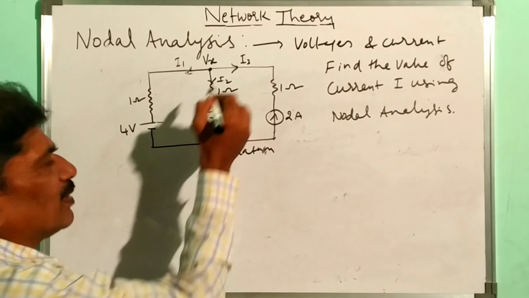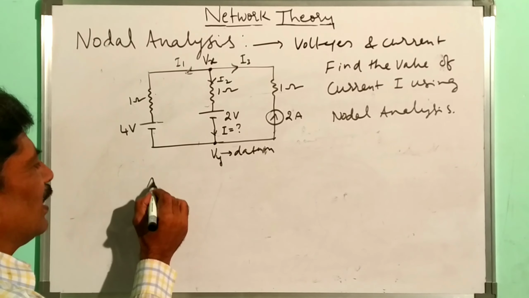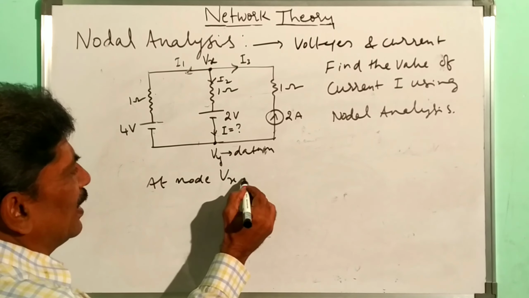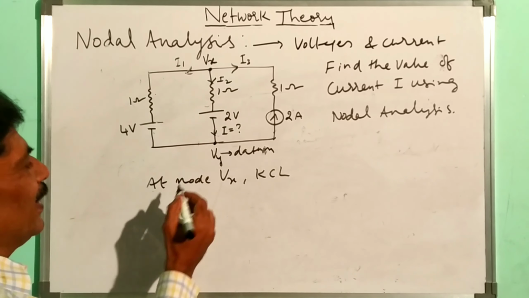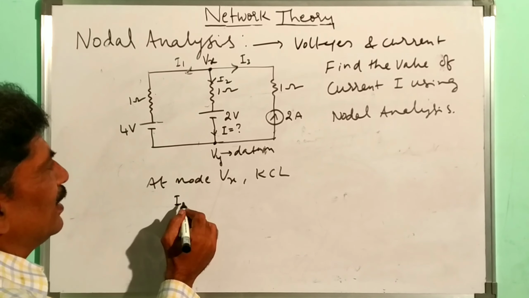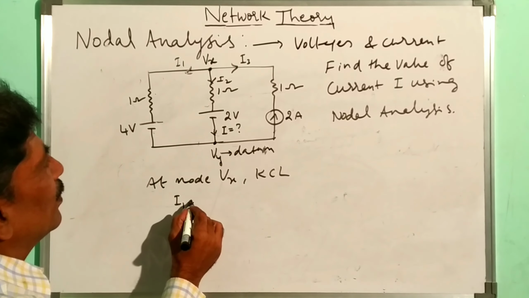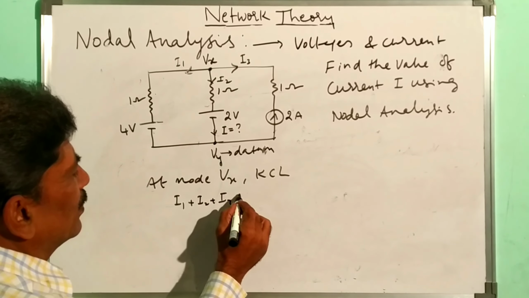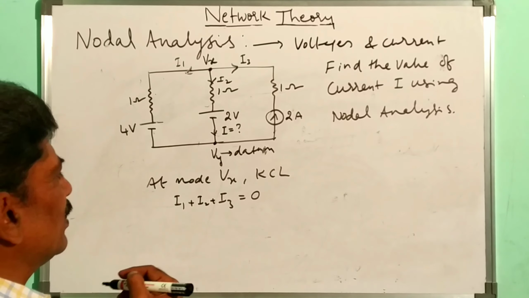Now let us apply KCL at node Vx. All are leaving, so the sum of the currents leaving is equal to the sum of the currents entering. So I1 plus I2 plus I3 is equal to, no current is entering, so it is equal to 0.